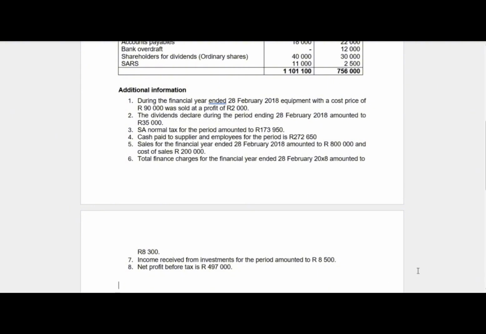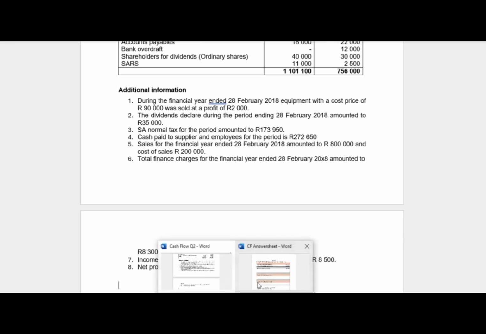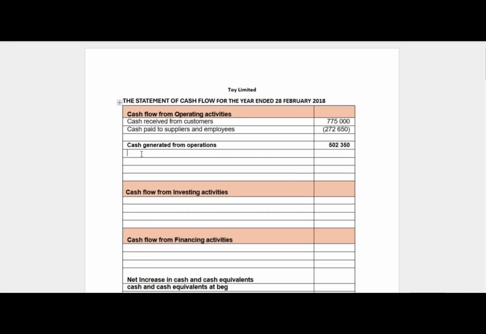You can just call it investment income or interest received. So investment income, I'm going to start with incomes there. Investment income or interest received or interest income.